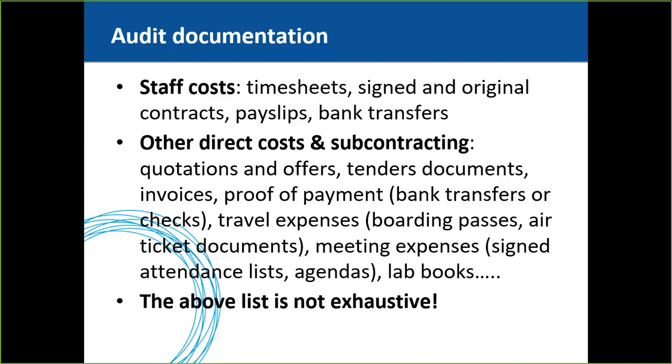Any other documents that are related to the project, it is best to keep more than less. However, please note that this list is not exhaustive, and the auditors may request other additional documentation. Usually, when an audit is about to take place, the auditors will send a list of documents that they would like to see when they actually come physically to the office. They will let you know beforehand what you should prepare.